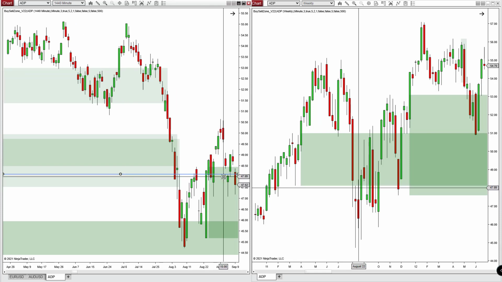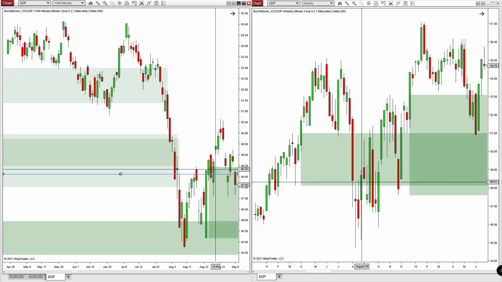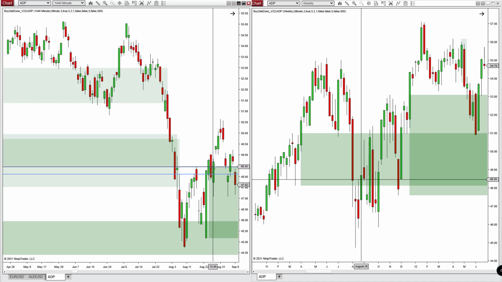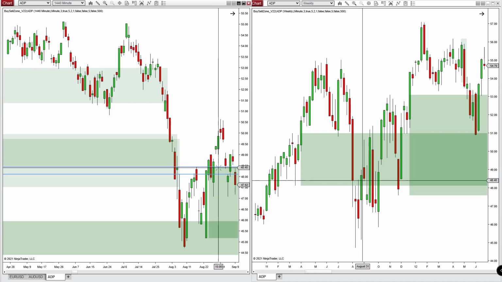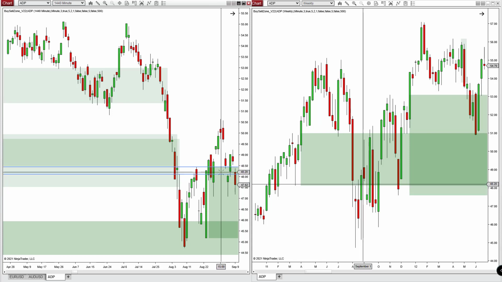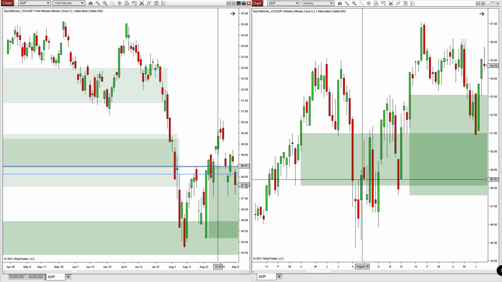So if you think about this, the only section that overlaps is going to be from this zone high to this part of the zone. So this is the only part that overlaps. So for me, this is the only area that I'm going to be looking for a trade.